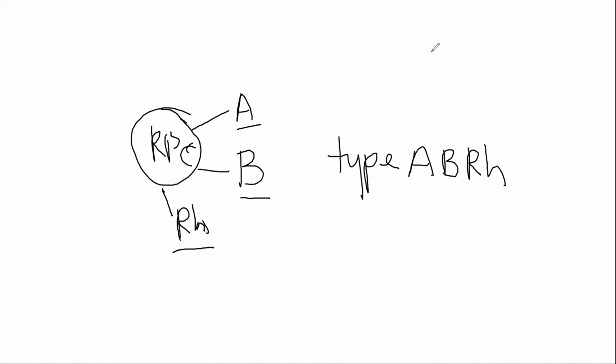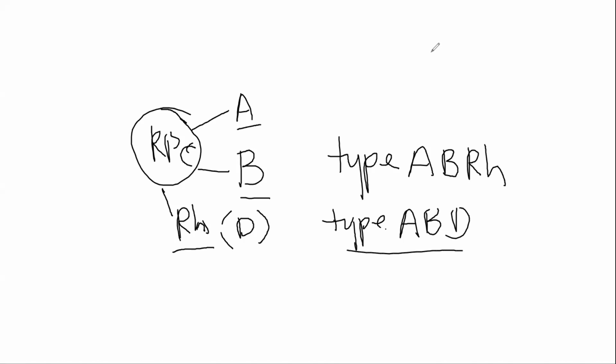This Rh antigen can be presented as a D as well, so you can say this person's blood type can be called ABD. Because it's just too much writing, we want to make it simpler by using the positive and negative signs.